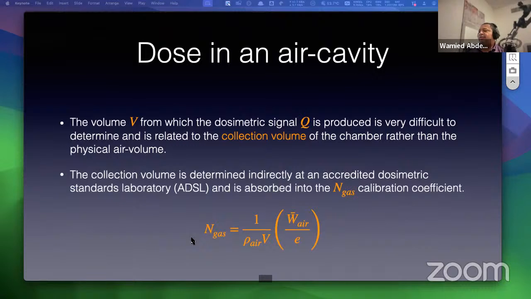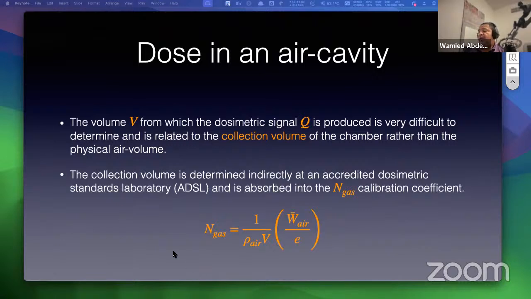Or they will give you N-gas at NTP, a reference temperature and pressure. Then when you use the chamber in the clinic to do another measurement, and if your chamber is open, you will need to correct this N-gas to an N-gas valid at the environmental conditions when the measurements were done.